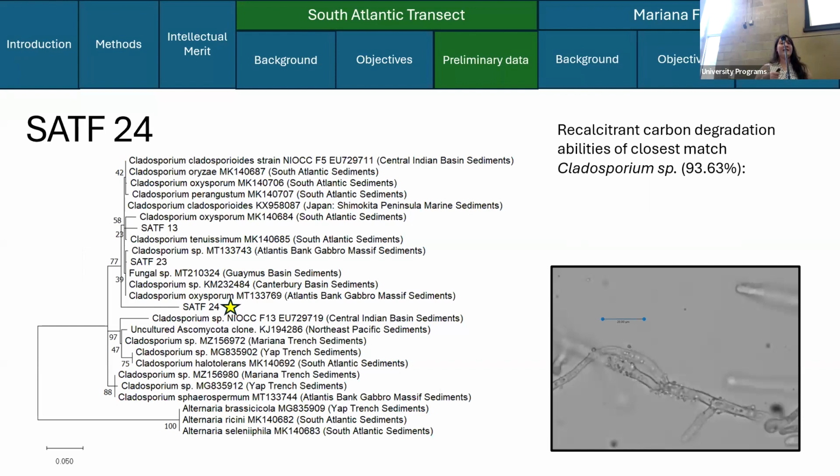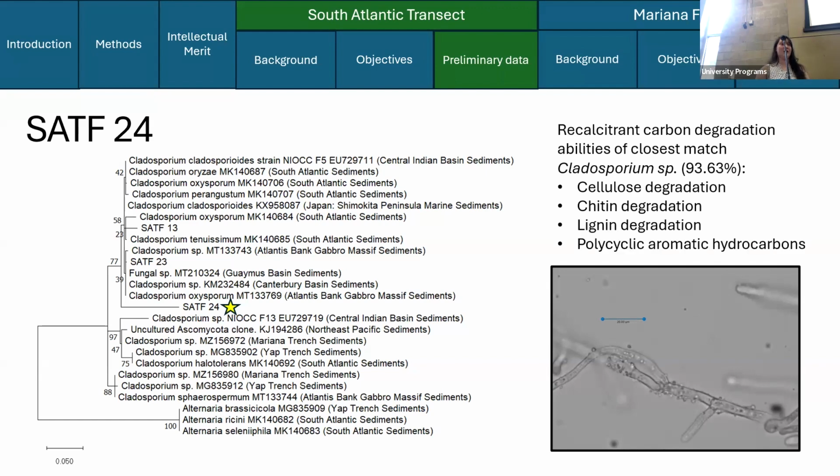And the second isolate from this site is isolate number 24, whose closest match is Cladosporium species at 93%. And its closest match's ability to degrade recalcitrant carbons includes cellulose degradation, chitin degradation, lignin degradation, and polycyclic aromatic hydrocarbon degradation.